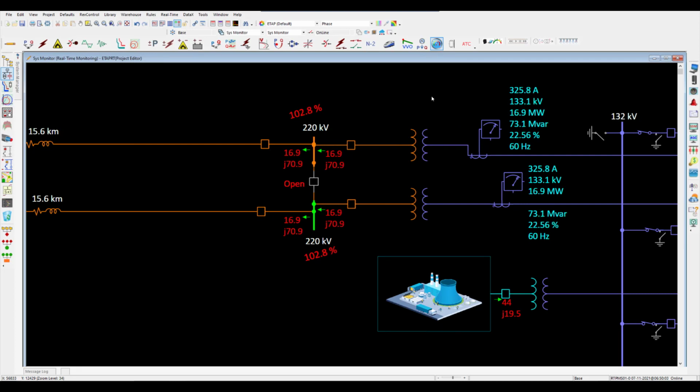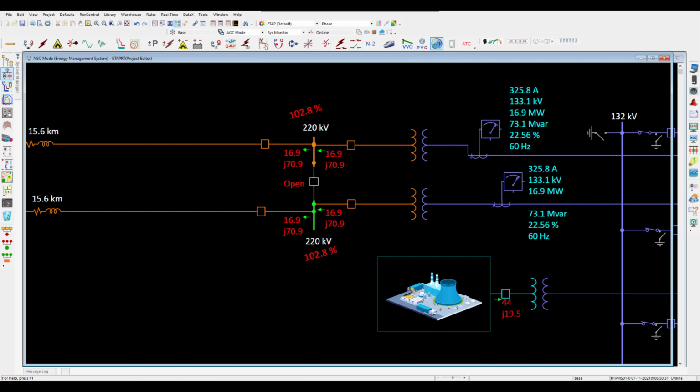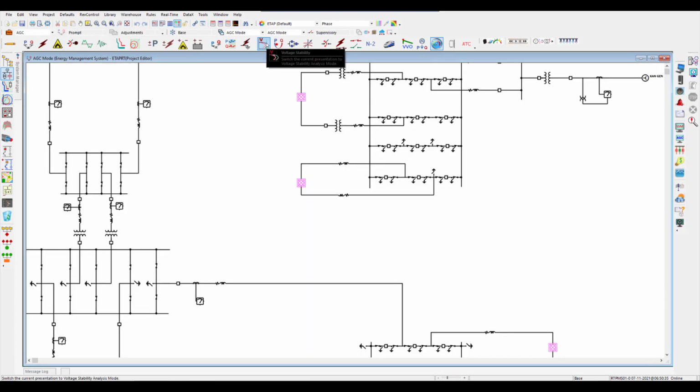However, we will use the state estimator here as the foundation for running our optimal power flow. In the background, the optimal power flow that runs on a real-time basis will use the initial conditions established by the state estimator. If you also recall, I had mentioned that ETAP allows you to have multiple presentations. So we can quickly switch into our AGC mode that includes not just AGC but also economic dispatch.